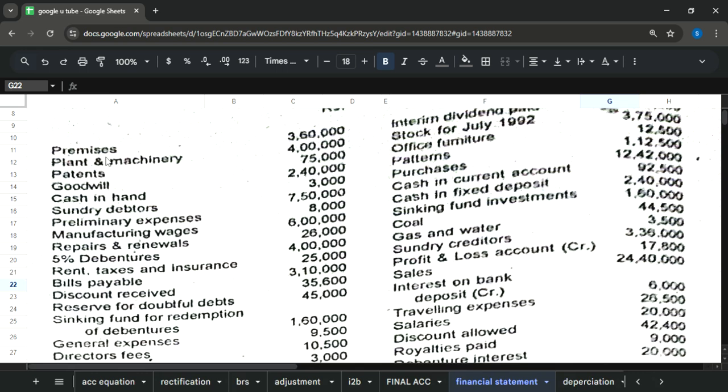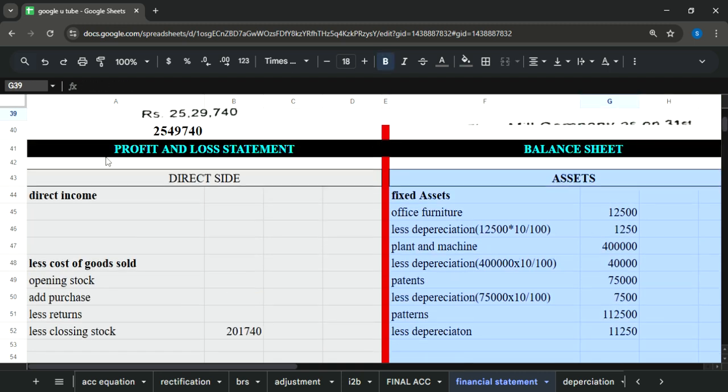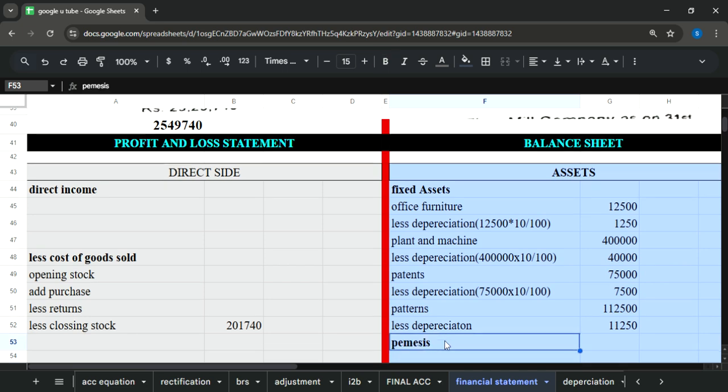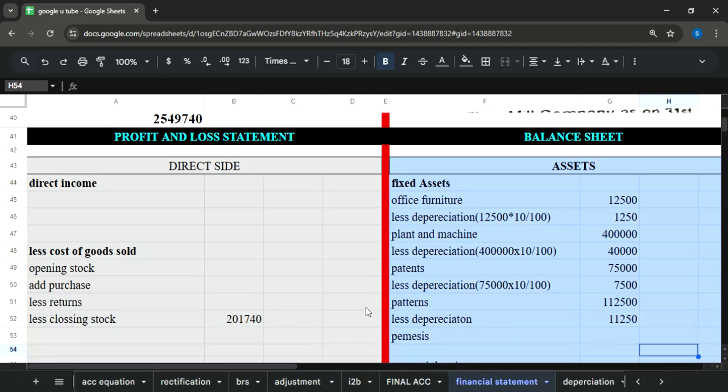First is premises 360,000, and I think this is not mentioned over here. Yes, so you will have to write premises, amount of which is 360,000.